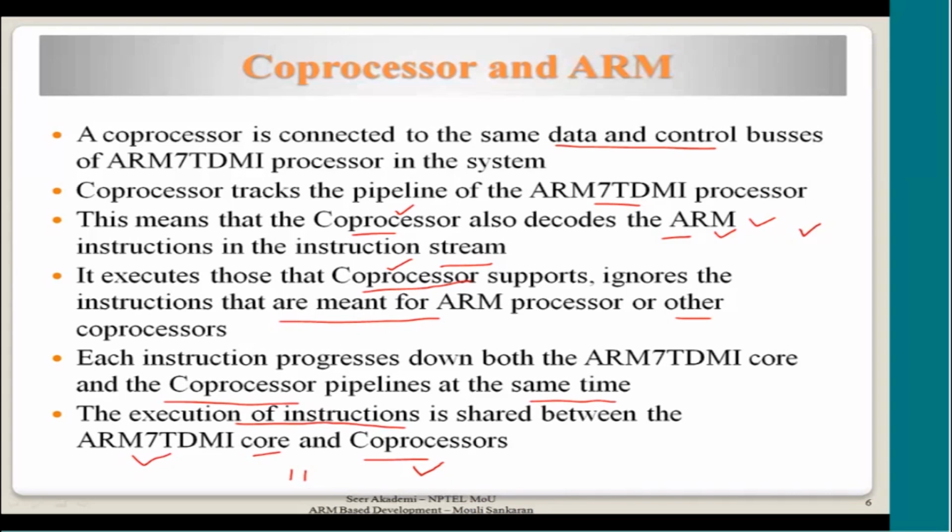That means when a particular instruction is in the fetch stage in the ARM core, the same instruction will be in the fetch stage of the coprocessor. So this is the basic fundamental of how a coprocessor is connected to the ARM core and how they function. Good. I hope this is clear to you.